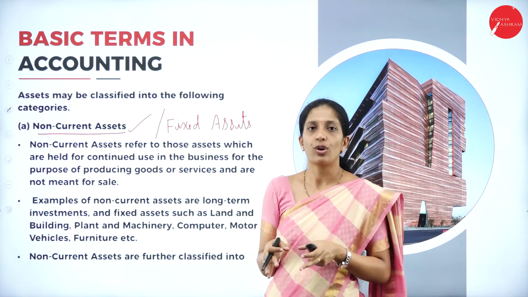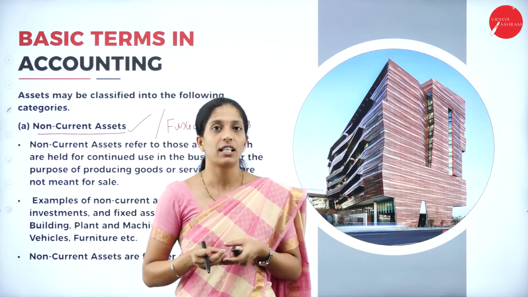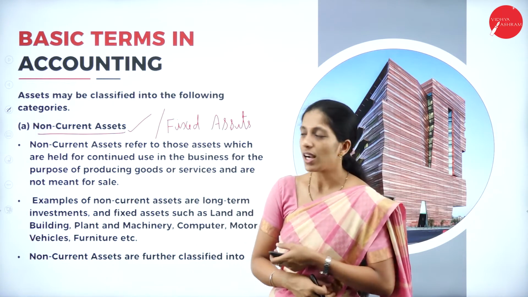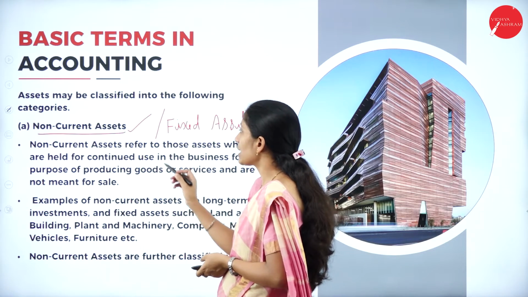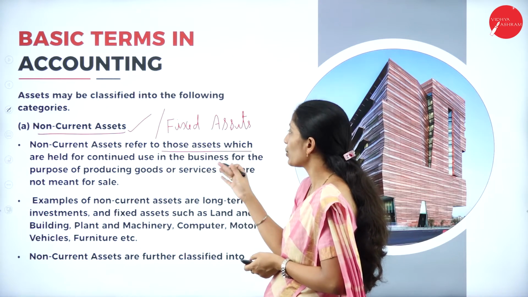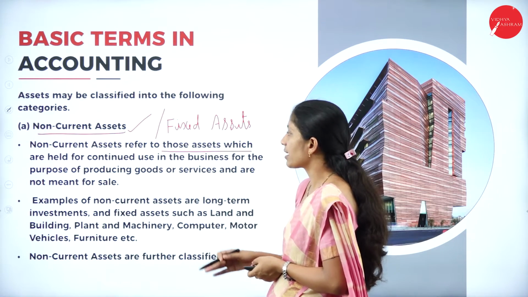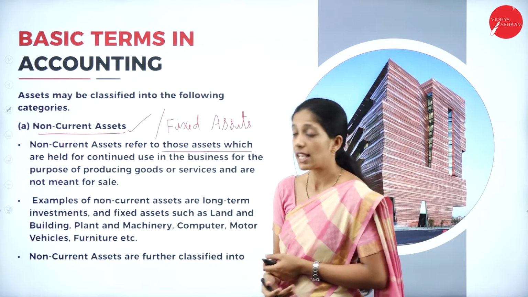Now what is this fixed asset? Asset you all know, which has certain value or from which we are going to get the benefit in the future. Non-current assets refer to those assets which are held for continued use in the business for the purpose of producing goods and services and not meant for sale.